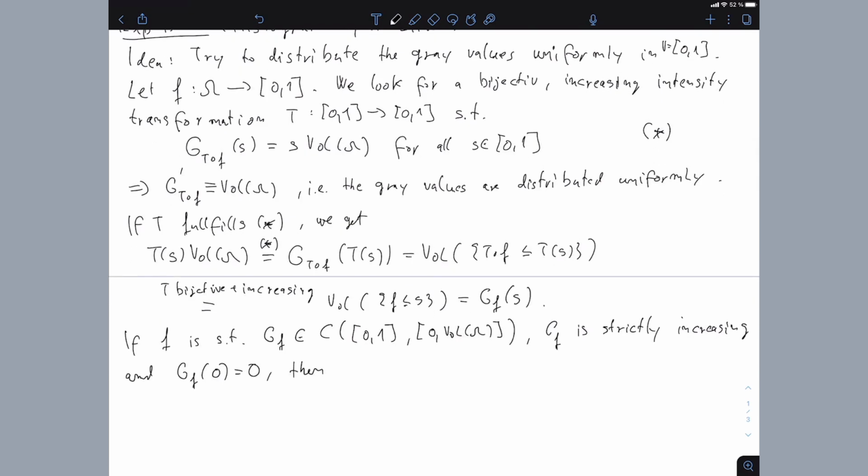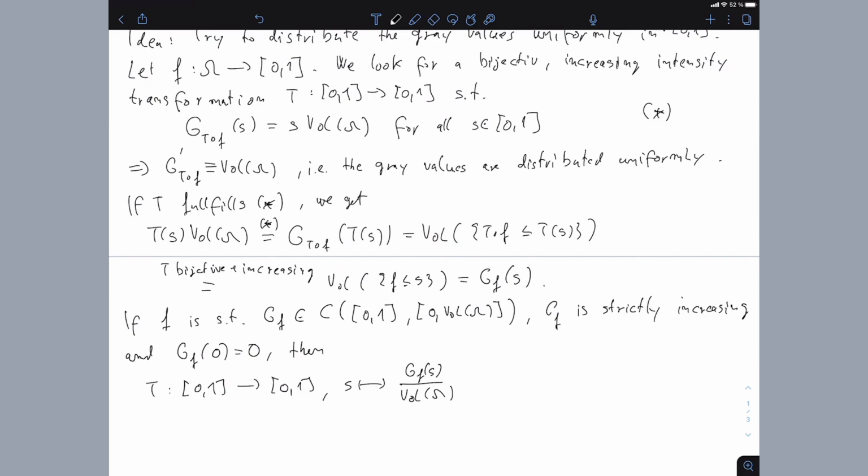Yeah, then we found a solution. Then T that goes from 0, 1 to 0, 1, and that is then S to GF of S divided by the volume of omega. This has all our desired properties.